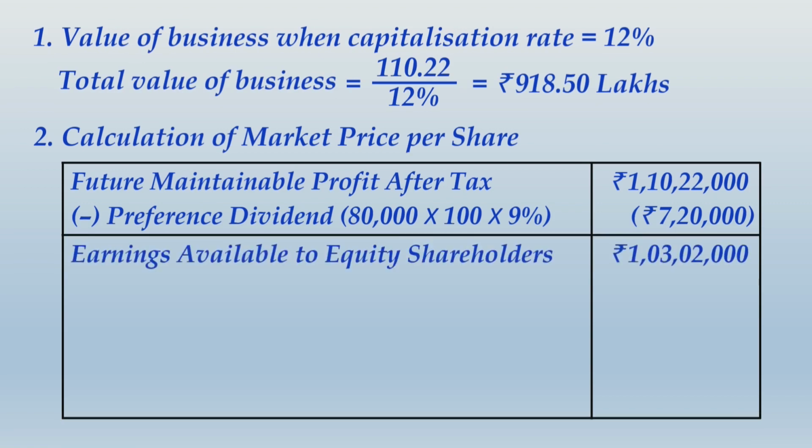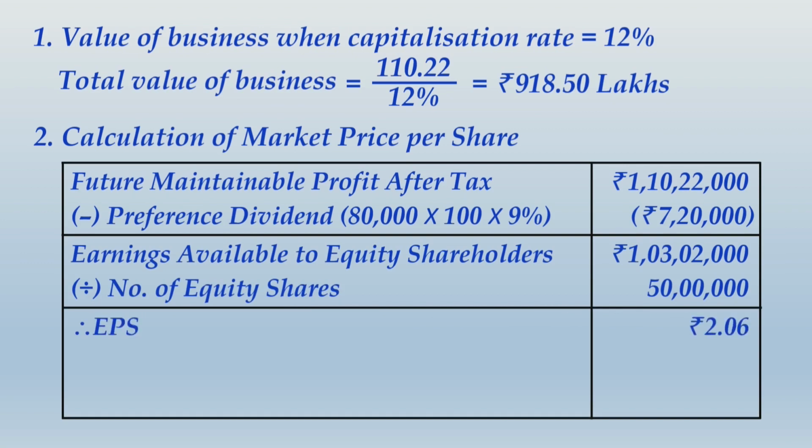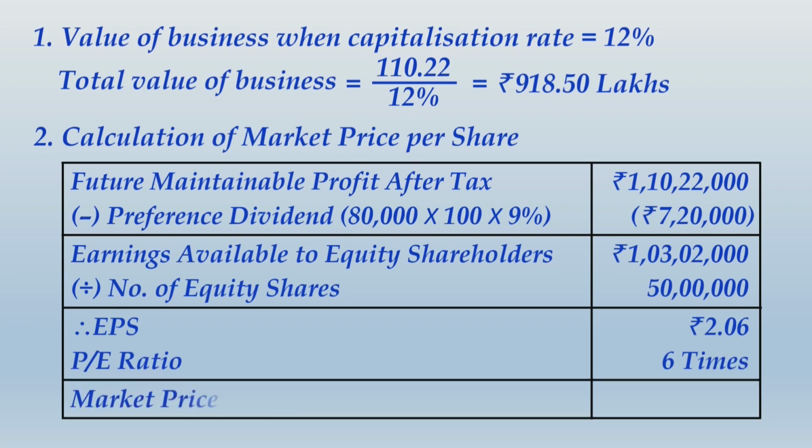So the earnings that will be available to equity shareholders will be the earnings after subtracting the preference dividend, and these earnings available to equity shareholders when divided by number of equity shares would give you EPS as rupees 2.06. Price earning ratio is given as 6 times, so you can easily figure out that the market price per share would be rupees 12.36. So please write up this much and then I take you ahead.